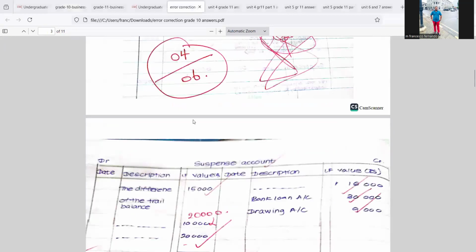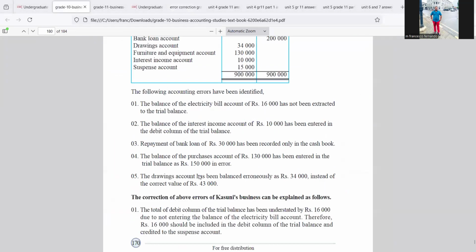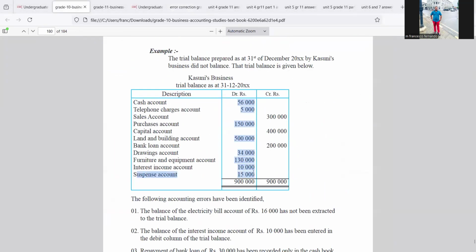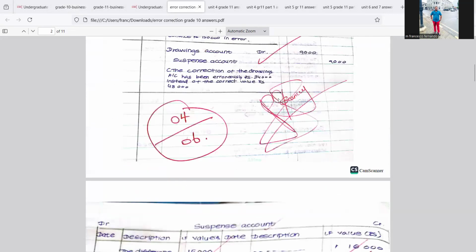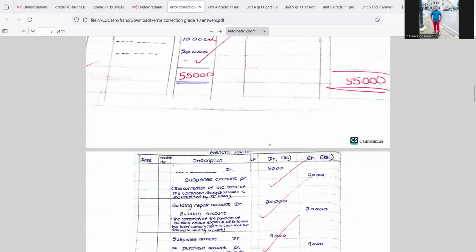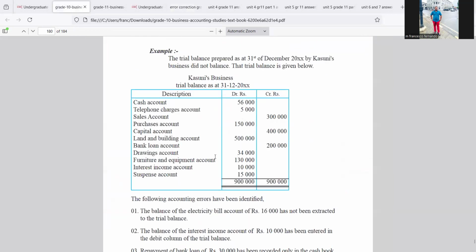So then the final thing you have to do is create the suspense account. Here they have given a difference in the trial balance, which is 15,000. So you can debit it and enter the values respectively from the general journal. So that is the question given in the textbook.